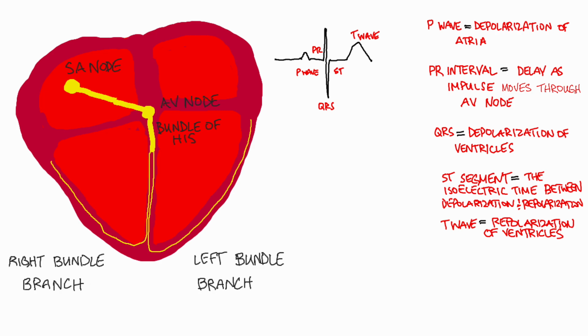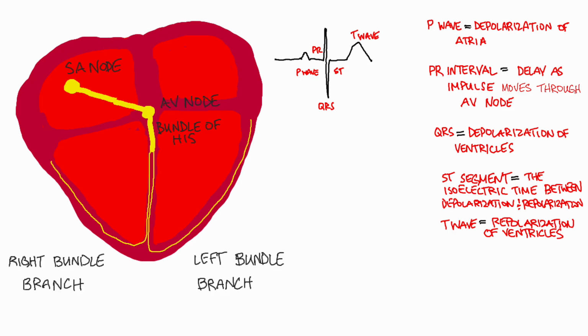The PR interval, which is typically a flat line, is caused by the delay as the impulses move through the AV node. The QRS represents the depolarization of the ventricles.